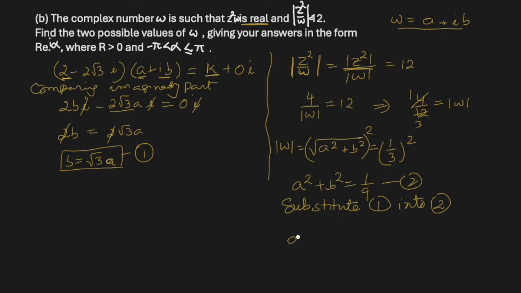So a square remains a square plus, but b will be replaced by square root 3 a, squared, equal to 1 over 9.